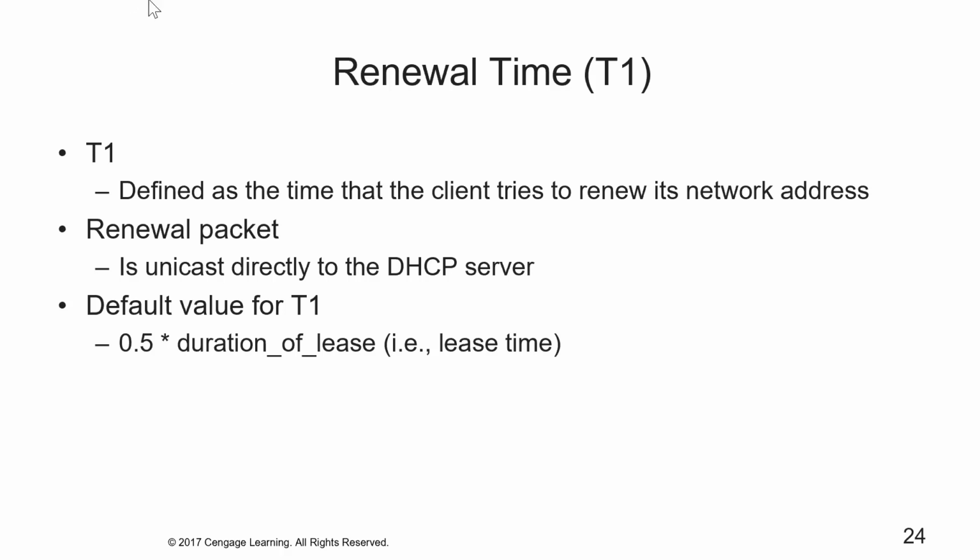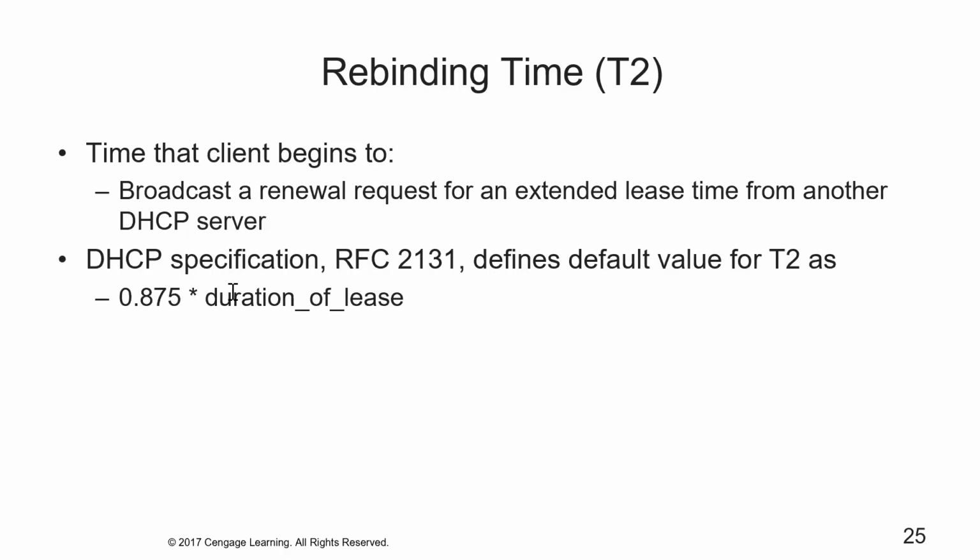The renewal packet is unicast directly to the DHCP server. The default value for T1 is 0.5 times the duration of the lease. So again, one half of the lease time. And then T2 is the rebinding time. That's the time the client begins to broadcast a renewal request for an extended lease time from another DHCP server.